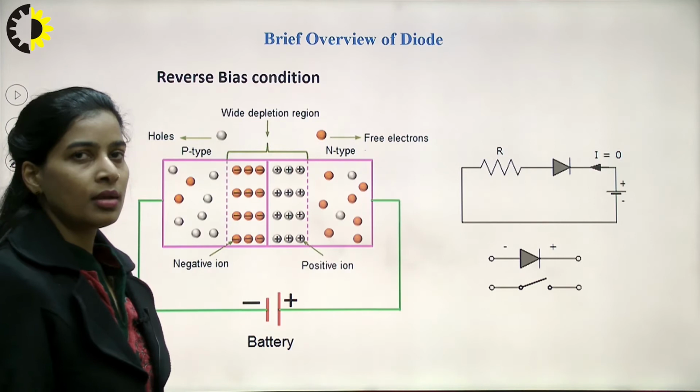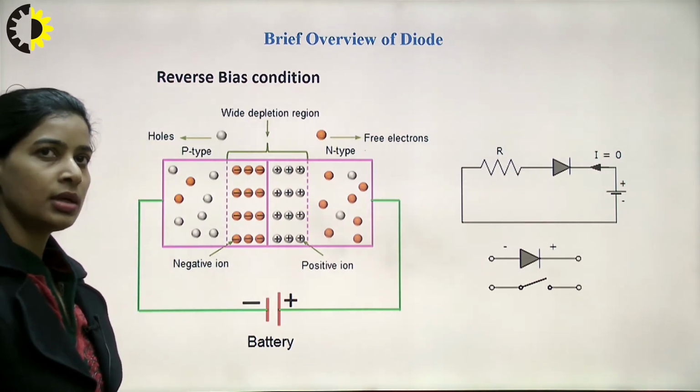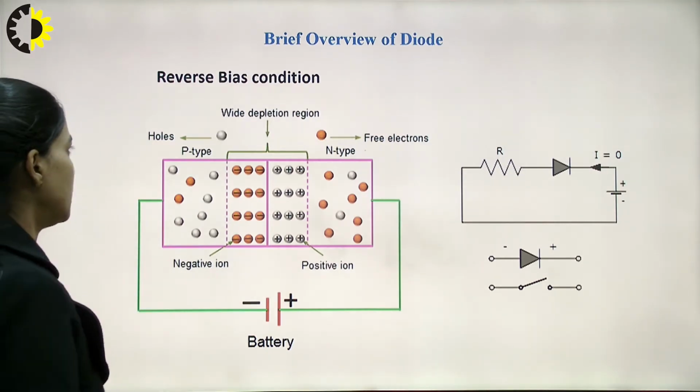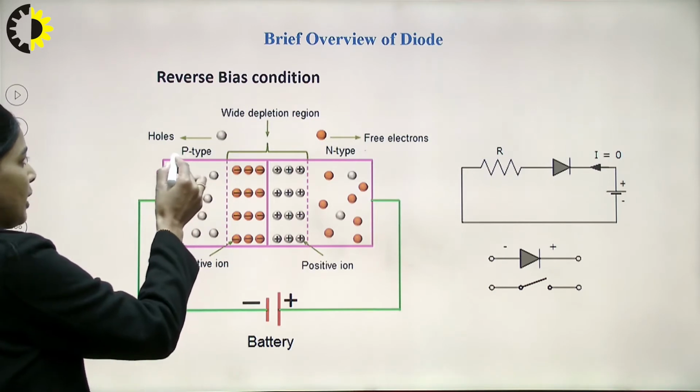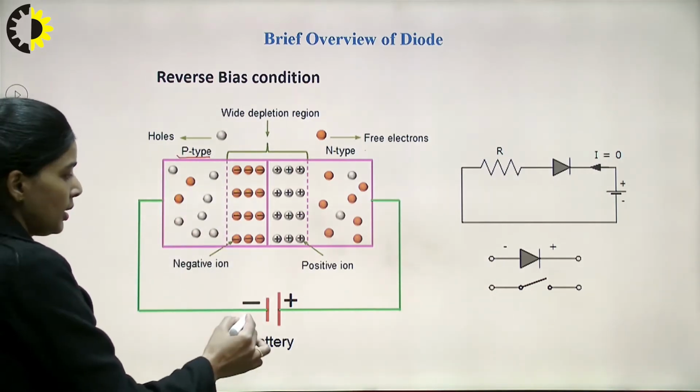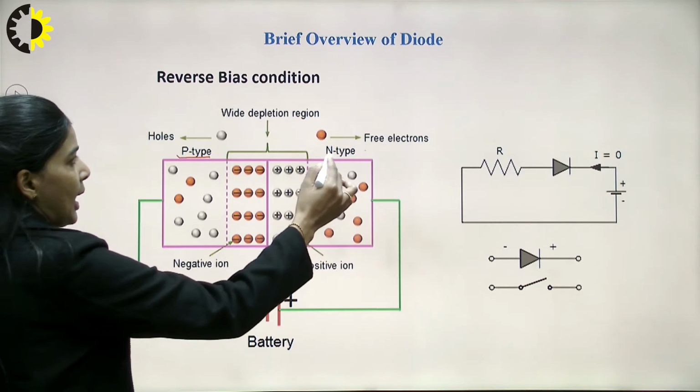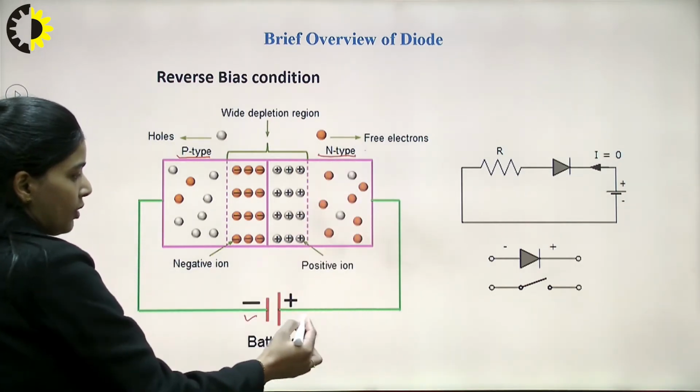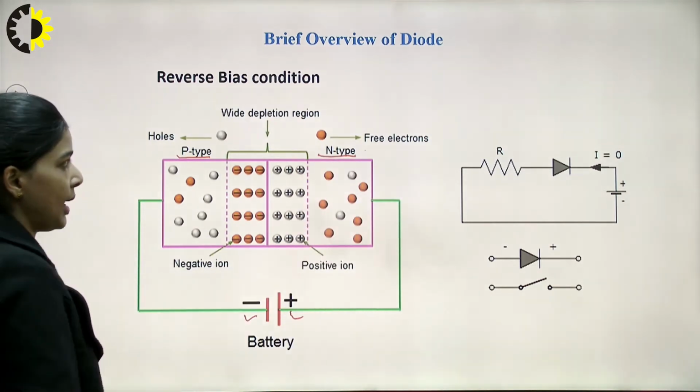Next, when we bias the diode in the reverse biasing mode. Reverse biasing means we have connected the P type to the negative of the battery and the N type part of the diode to the positive of the battery.